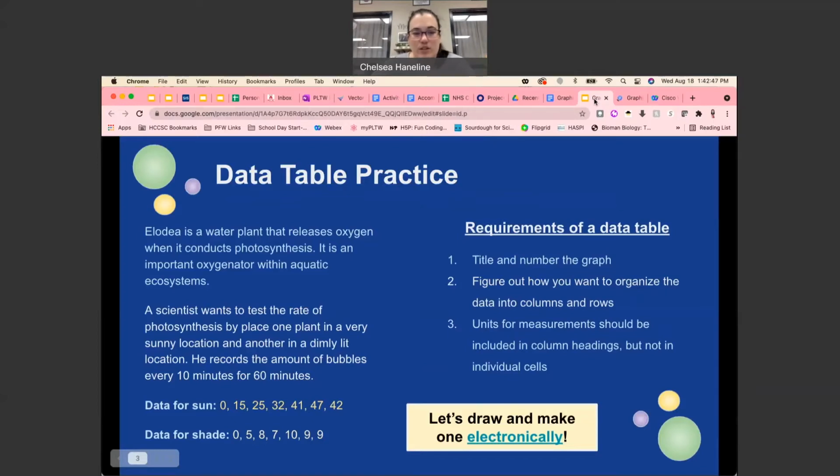So that means there are 1, 2, 3, 4, 5, 6 data points: 10, 20, 30, 40, 50, 60. But then we also have the 0 time as well, because we always want a starting point, so that makes 7 different data points. And then we know we need to add one more column because of needing the title for that.